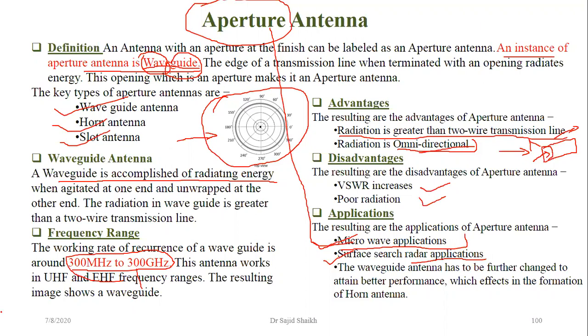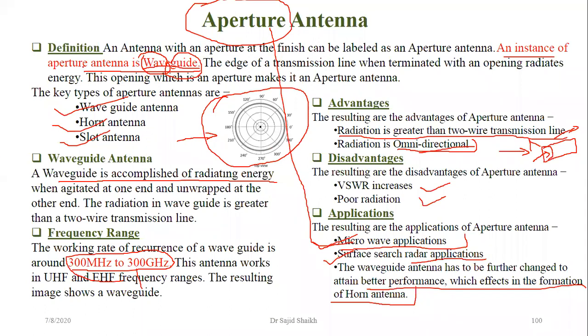The next application is that these antennas can be used for some local communication applications. Some specific applications are there, or some research work is going on, so in such a scenario, such types of antennas can be used.